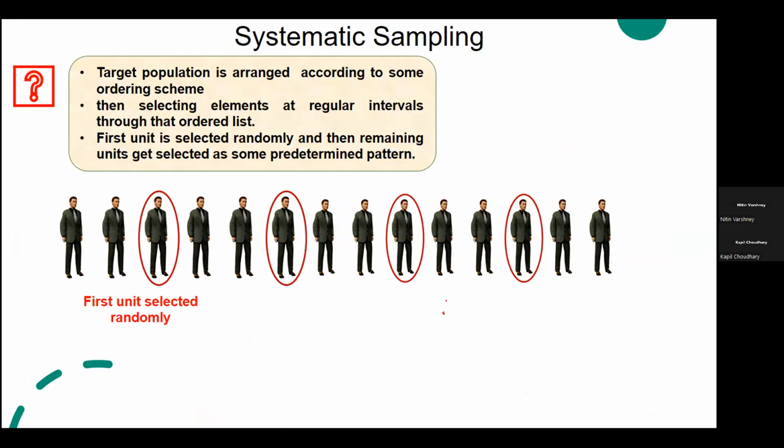Likewise, we have different households, and we have to select these households. So the target population is arranged according to some ordering or some scheme.